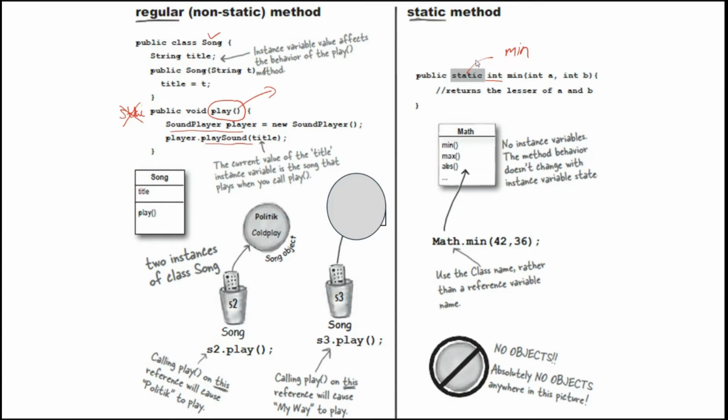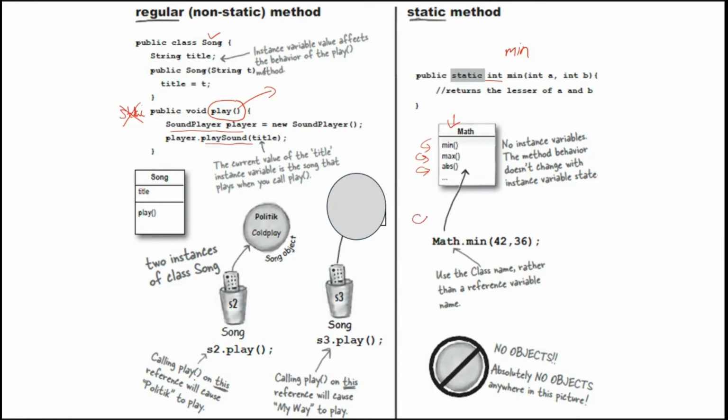The moment you write the static function, students, a lot of things will come. Number one, it will belong to the class. Imagine the class name is Math, right? There is a Math class, and we have used this Math class also, but we have not gone into so much detail about it. Imagine there are three static methods: min, max, and absolute. They don't require any object creation. Directly you can write like this.